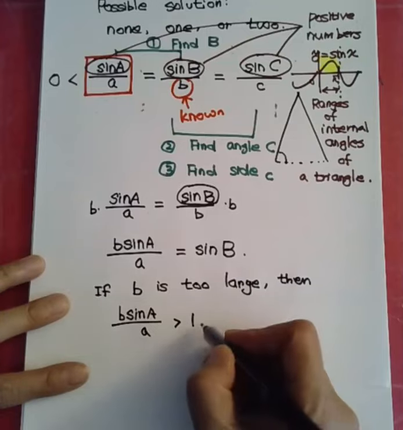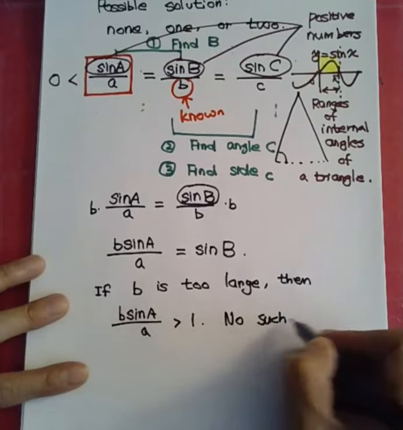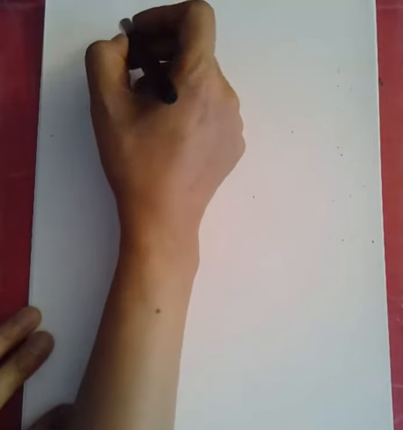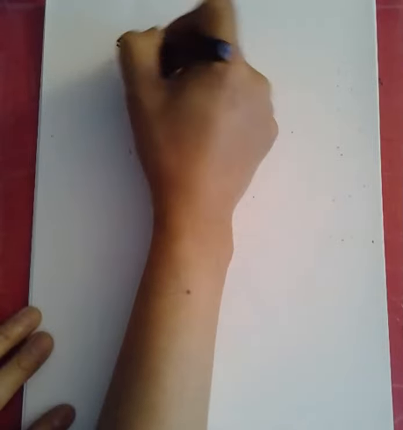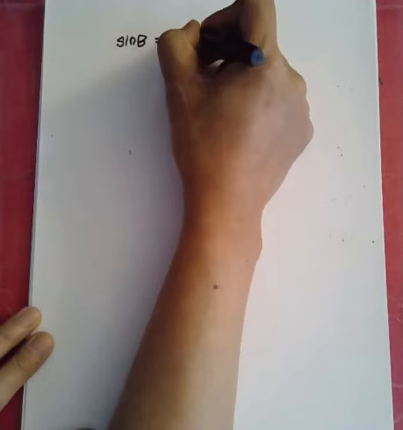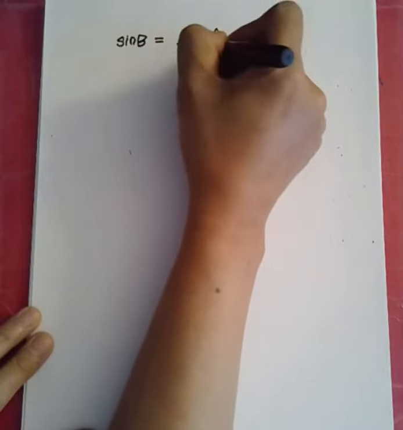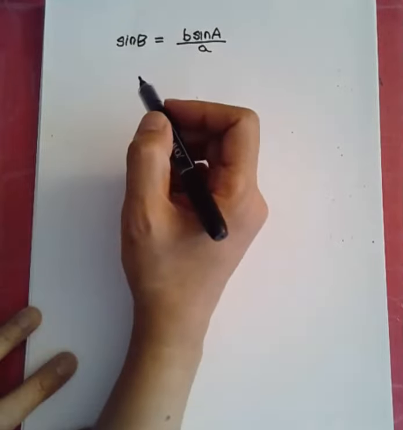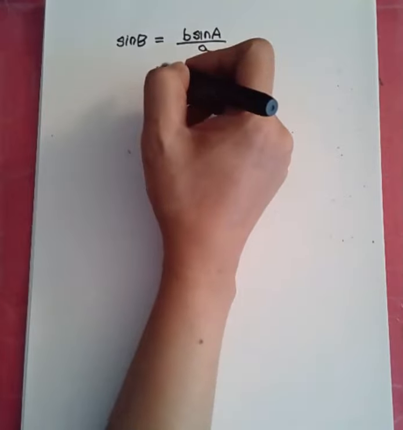So that means no such triangle. And when we think about sine of B, again, the same equation, B times sine of A over A, then there are two possibilities.